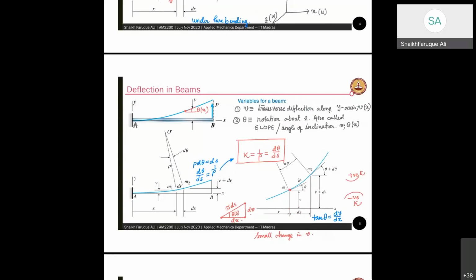Now, if I join M1 and M2, because they are very near, they will go along the curve. I'm looking at very small, infinitesimal dx. So this is my small triangle that I have, and here I have dx, and dv, and d theta of s.